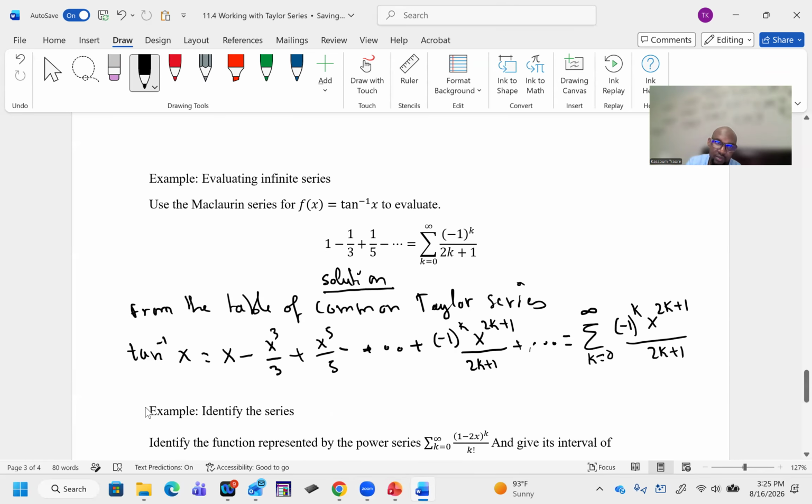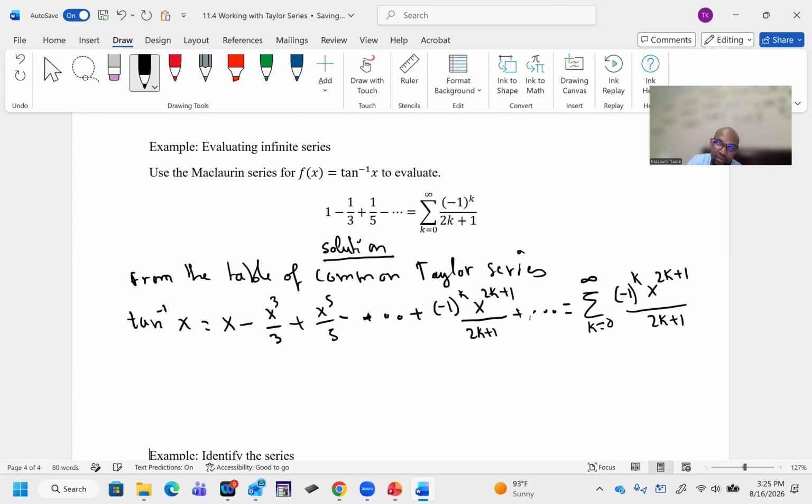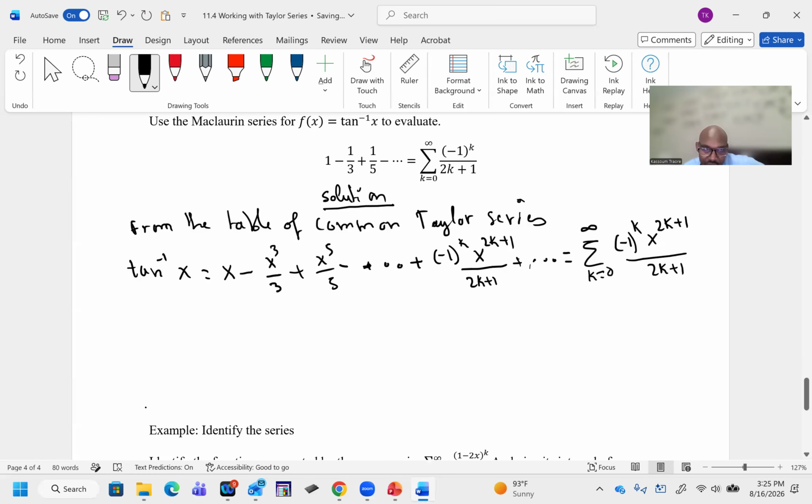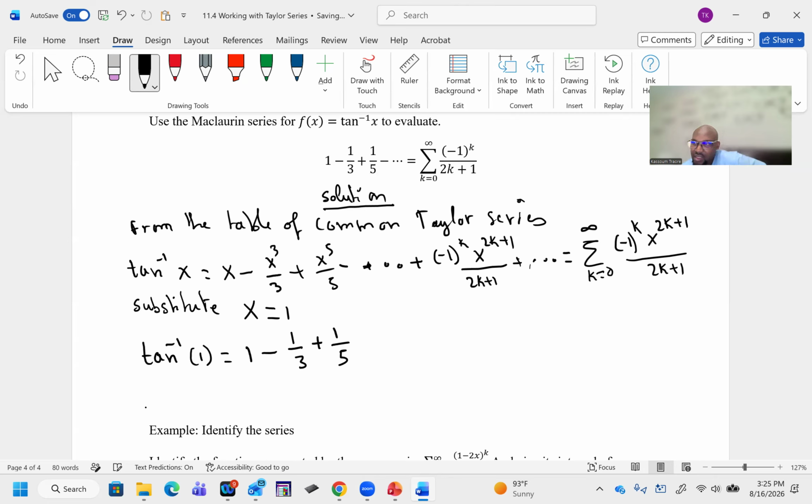So now, if we substitute x is equal to 1, so we'll have what? Tangent inverse of 1 will be equal to what? 1 minus 1 to the power of 3, which is 1 divided by 3, plus 1 to the power of 5, which is 1 divided by 5, right?